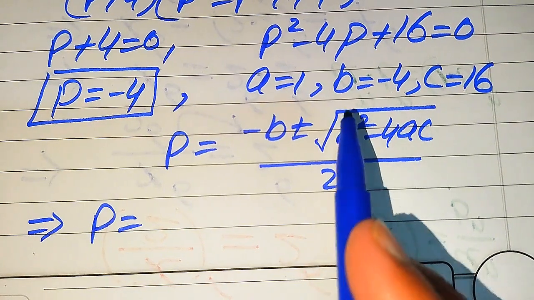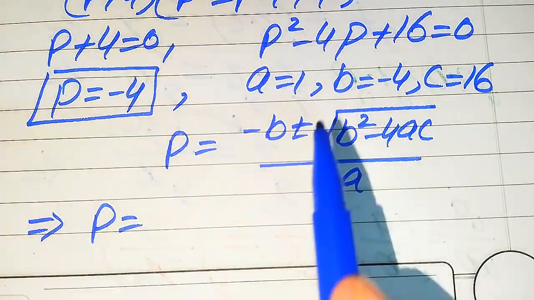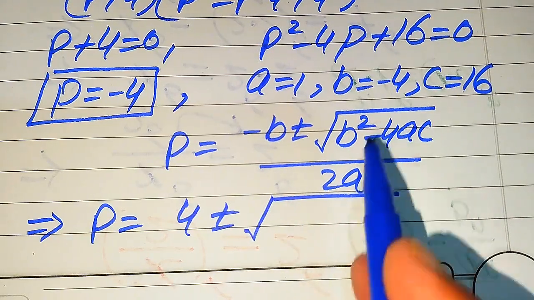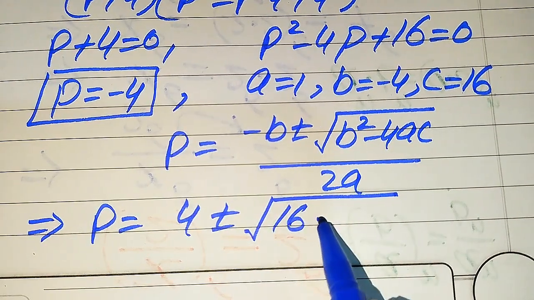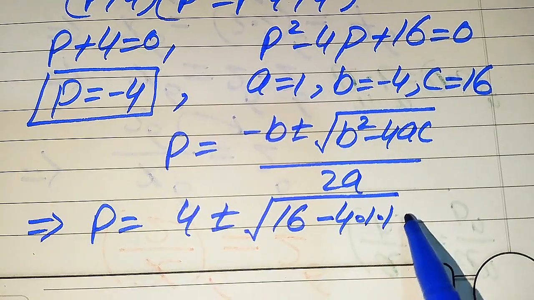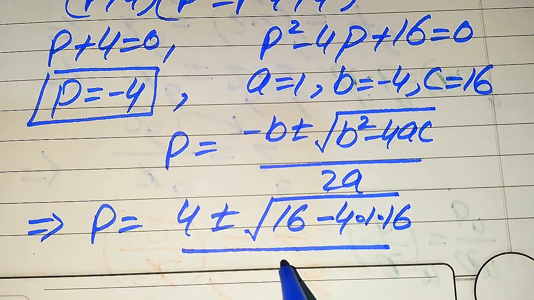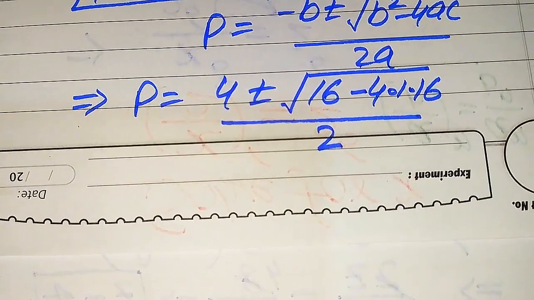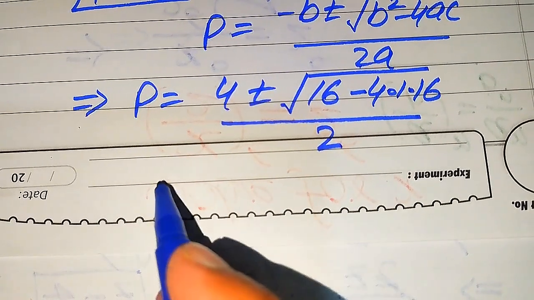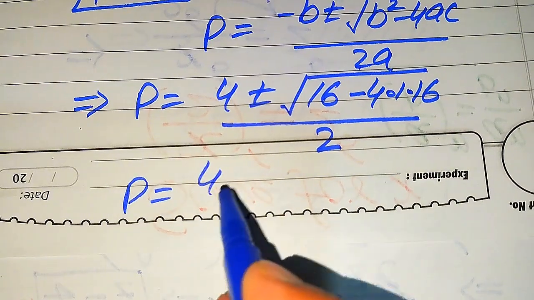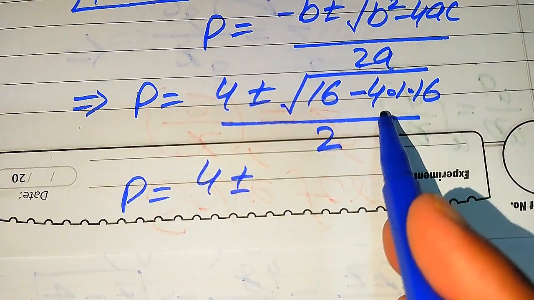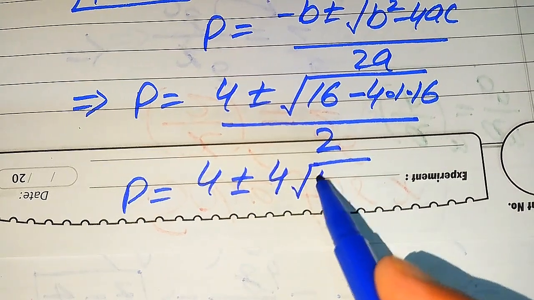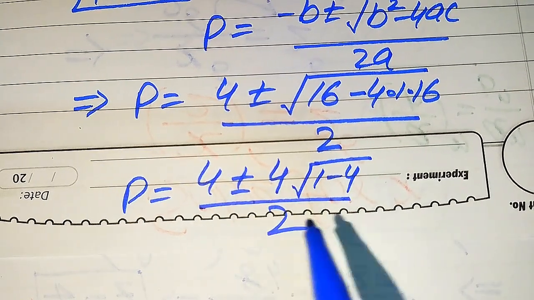It will be written as b is minus 4, so minus times minus becomes plus 4, plus minus the square root of b squared, where b is minus 4 and minus 4 squared becomes 16, minus 4 times a, which is 1, and c, which is 16, divided by 2 times a, and here our a is also equal to 1. Now in the next step we need more simplification, and it will be written as p equals 4 plus minus, here we take 16 common, and we know that the square root of 16 becomes 4, into the square root of 1 minus 4, divided by 2.